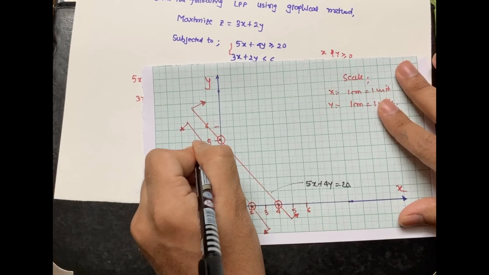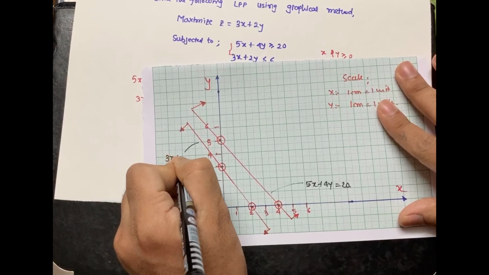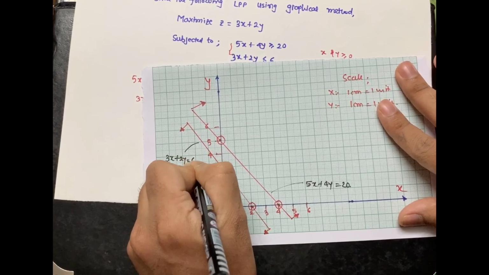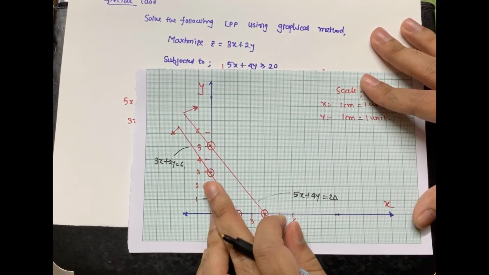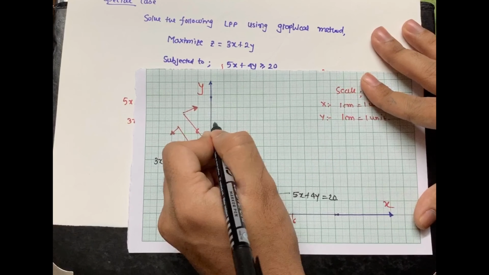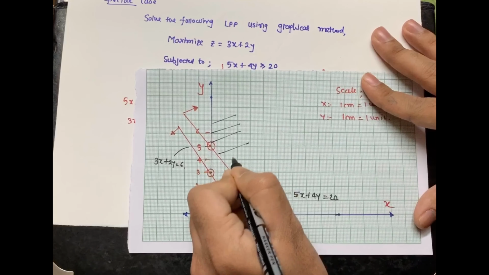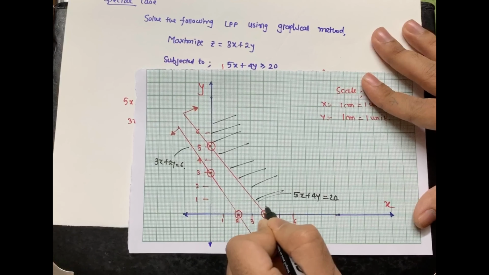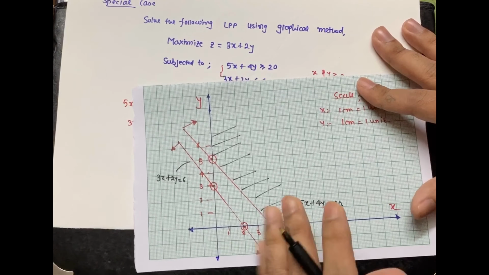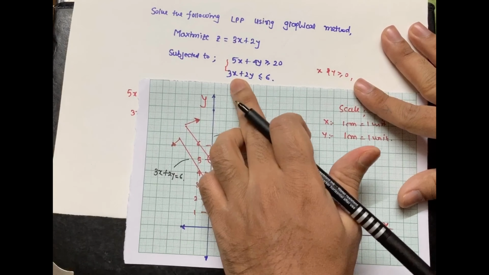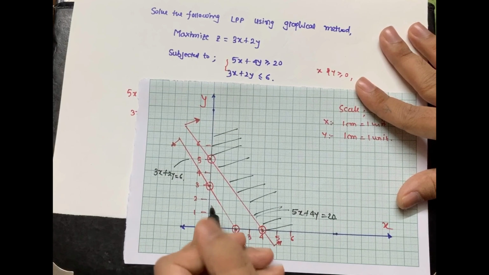This line represents 3x plus 2y equals 6. Now see, in this case, the feasible region for 5x plus 4y equals 20 is this one. This region satisfies this condition. The feasible region for 3x plus 2y less than or equal to 6 is this one.